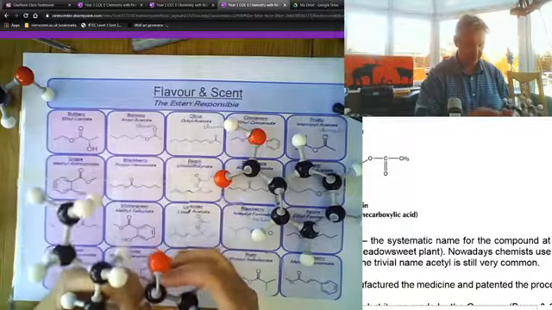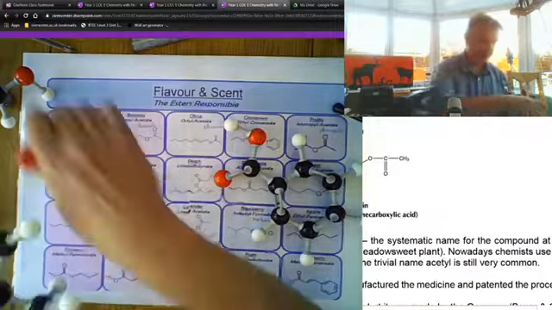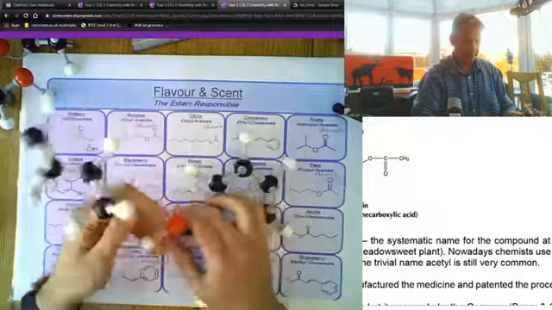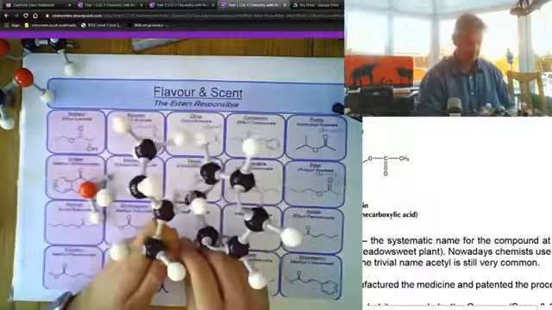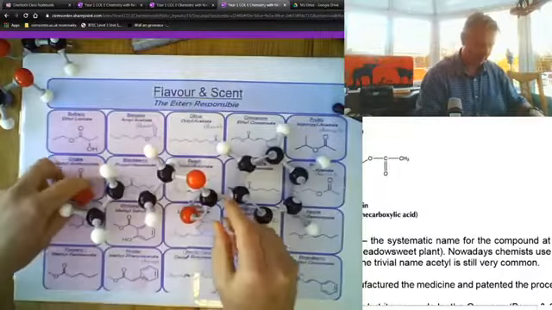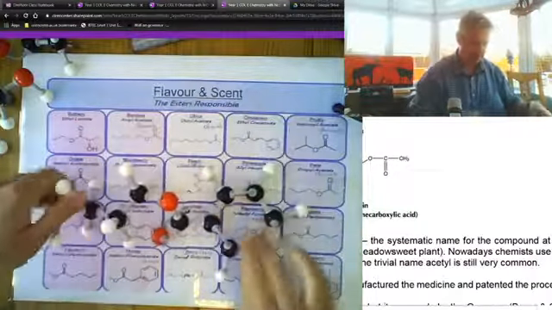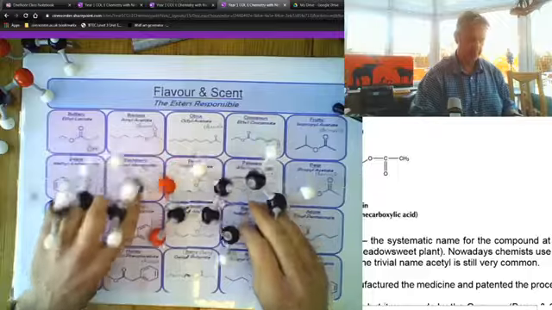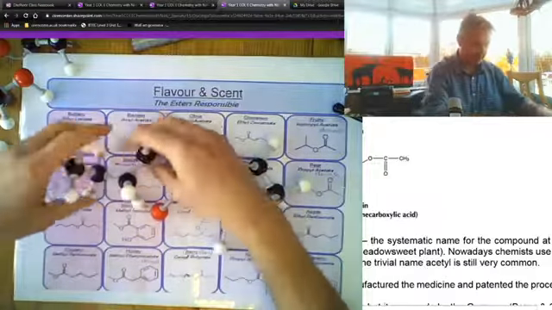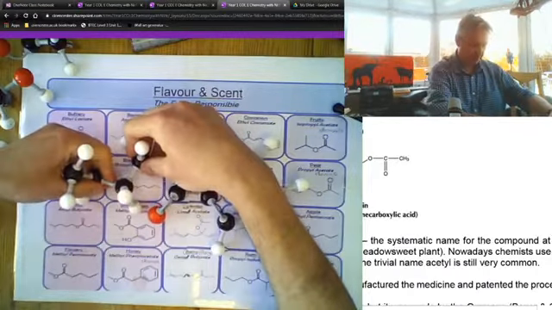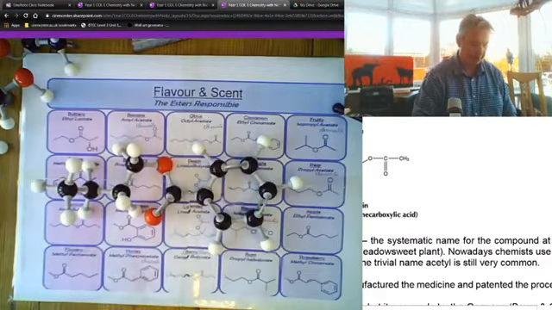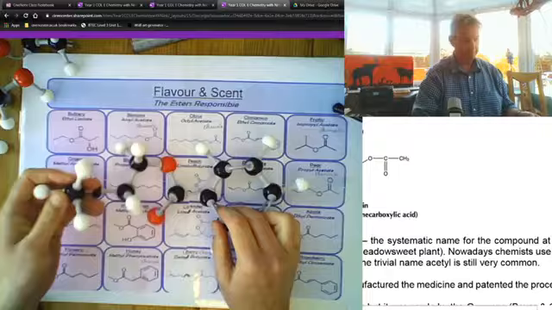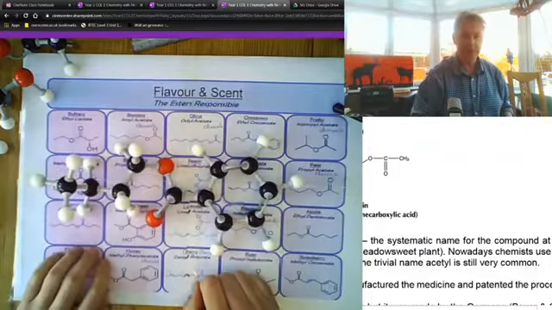So I'm going to replace it by taking that off, taking this off, and now I would have butyl benzoate. So here, this has come from the butan-1-ol. This has come from the benzoic acid. So this would be butyl benzoate. And I think that will do for now.